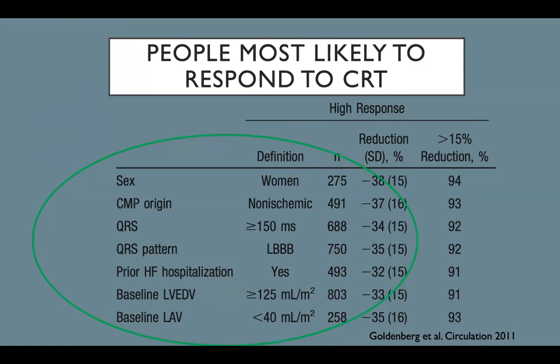The other interesting one, which may relate to propensity for atrial dysrhythmias, if you look at the bottom, is baseline left atrial volume, so under 40 mLs per meter squared, which would be considered close to normal for many patients, and that may be a lower propensity for atrial dysrhythmias and hence better resynchronization pacing overall in terms of a higher percentage.